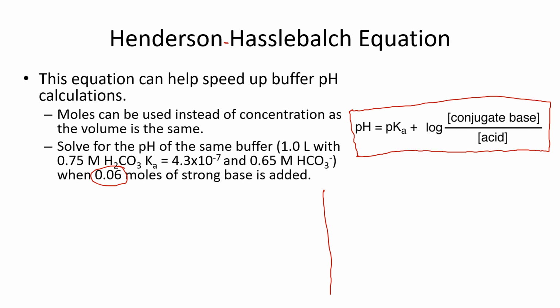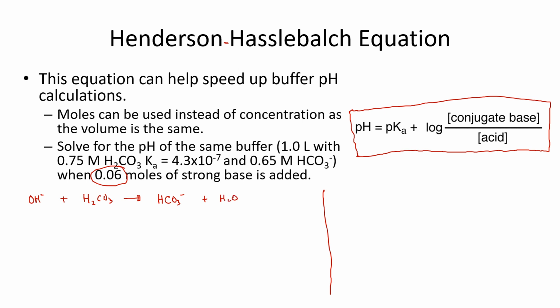So we've got a strong base, so we'll put in some OH minus ions here, and that's going to react with the acid in the buffer. So H2CO3 is our acid, and again it's quantitative, so all the way, and that's going to give us some hydrogen carbonate ions, and some water, right, because it's going to neutralize it.